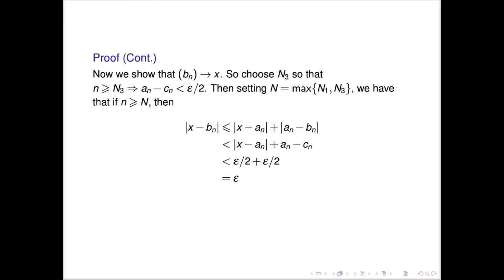And by the way capital N has been defined, both the quantities, the modulus of x minus a sub n and a sub n minus c sub n, are strictly less than epsilon upon 2, which again sum to epsilon. So it follows that the modulus of x minus b sub n is strictly less than epsilon, and so the sequence b sub n converges to x as well, thereby proving the squeeze principle.